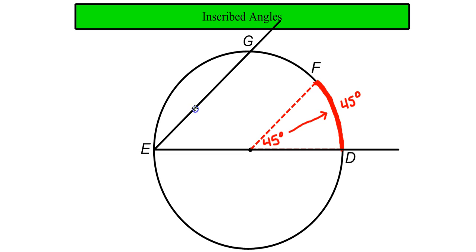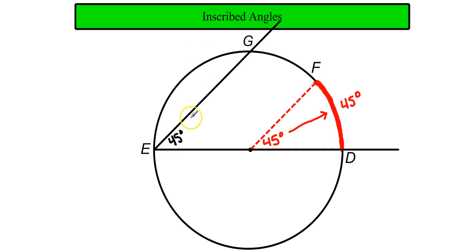Again, we didn't change the angle measure. Instead of having its vertex at the center of the circle, it's now on the circle itself. It's one of the points that make up the circle.